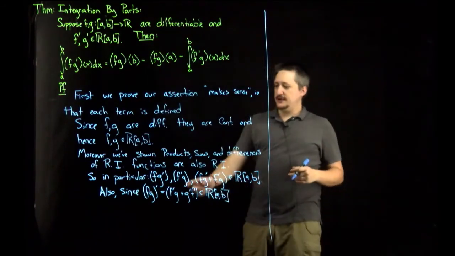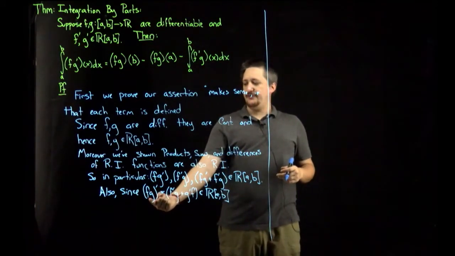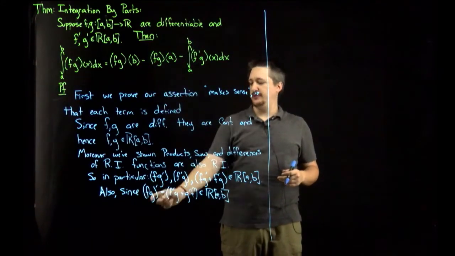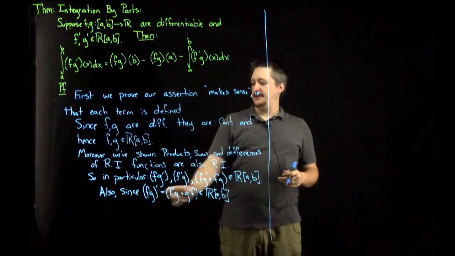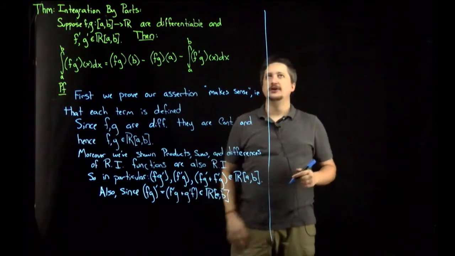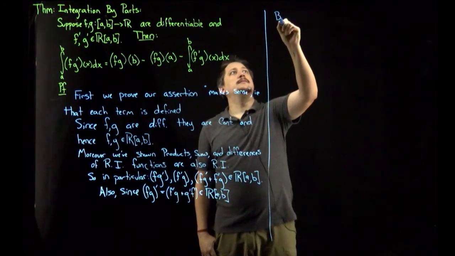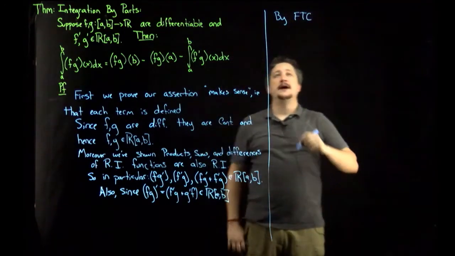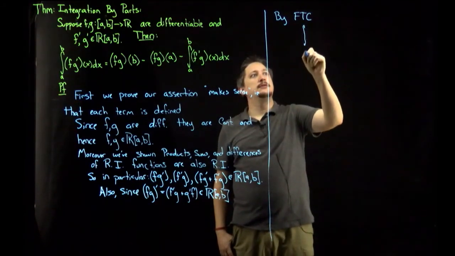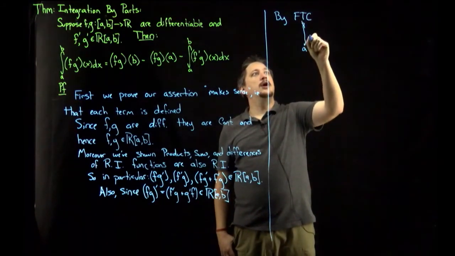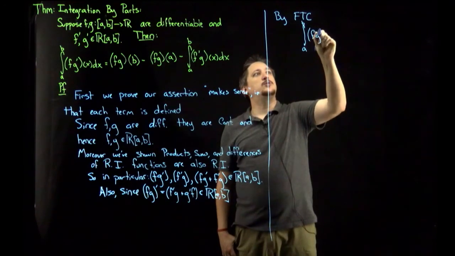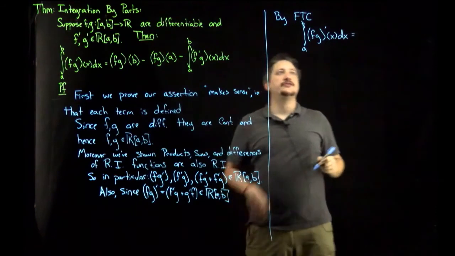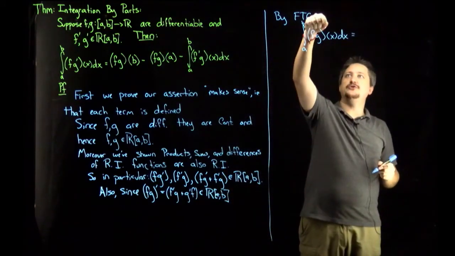So I'm going to return to this idea here. So I have f times g prime. f times g is differentiable because f and g are differentiable. And (fg) prime is Riemann integrable. So by the fundamental theorem of calculus, which we've done a video on, I know that the integral from a to b of (fg) prime of x dx, this is some function prime.